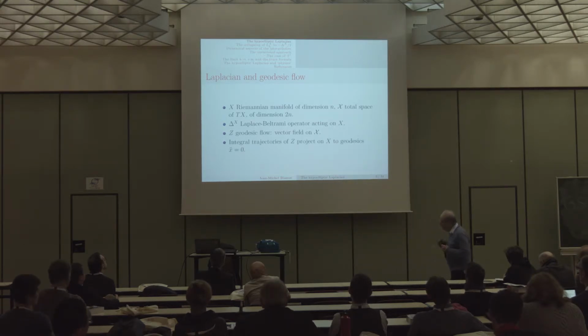In particular, if you integrate the trajectories of this vector field on X script and you project them down on the base manifold, what you get are the geodesics on the manifold X, the solutions of the second order differential equation x double dot equals 0.